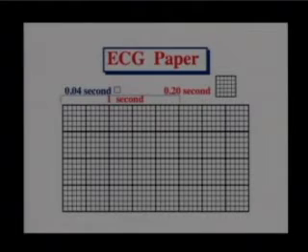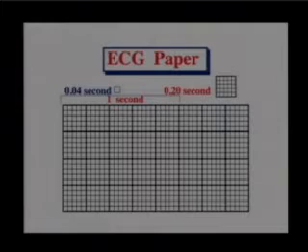Now, ECG paper goes through the machine at a standard rate. And that standard rate, if we count these big boxes here, is 1, 2, 3, 4, 5 big boxes in 1 second.